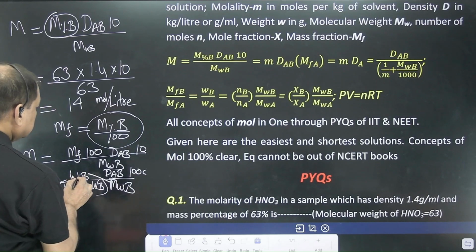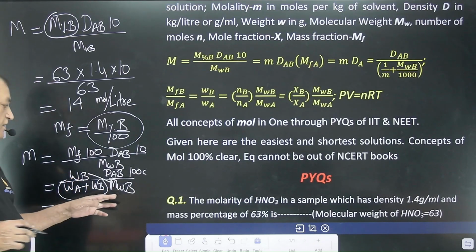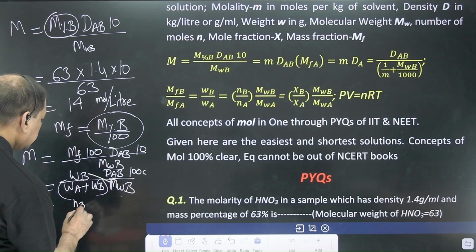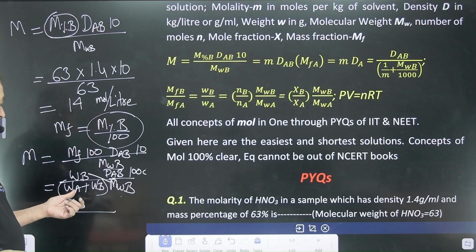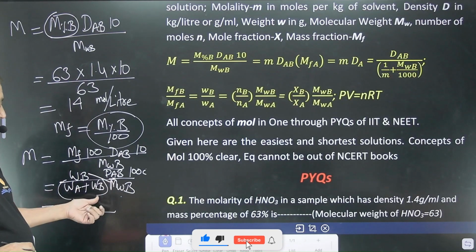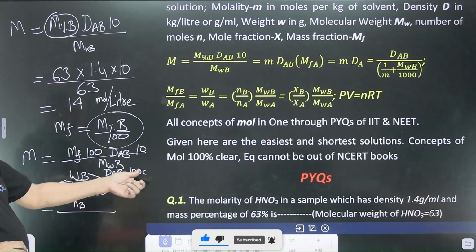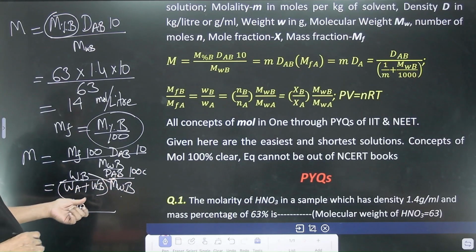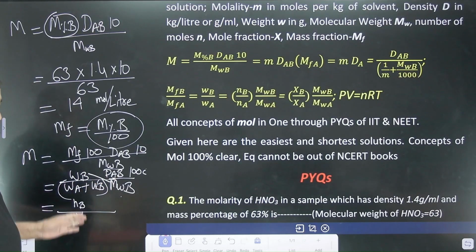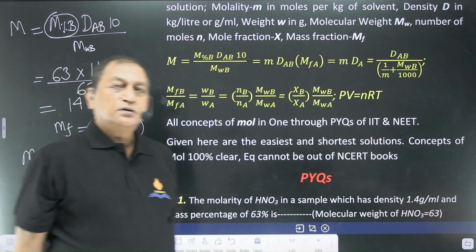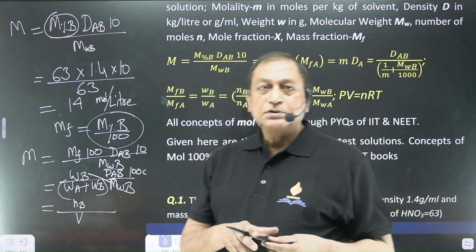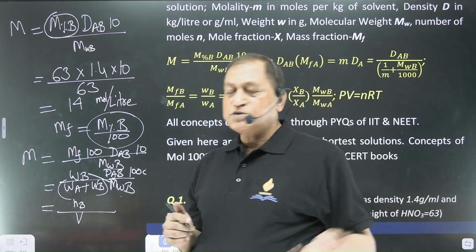The weight of the solute divided by the molecular weight is the number of moles of the solute, NB. This is the weight of the solute plus weight of solvent, divided by density. Because it is in gram, we divide by 1000 also. So that becomes volume in liters. That is the definition of molarity: number of moles divided by the volume of the solution, that means moles per liter.